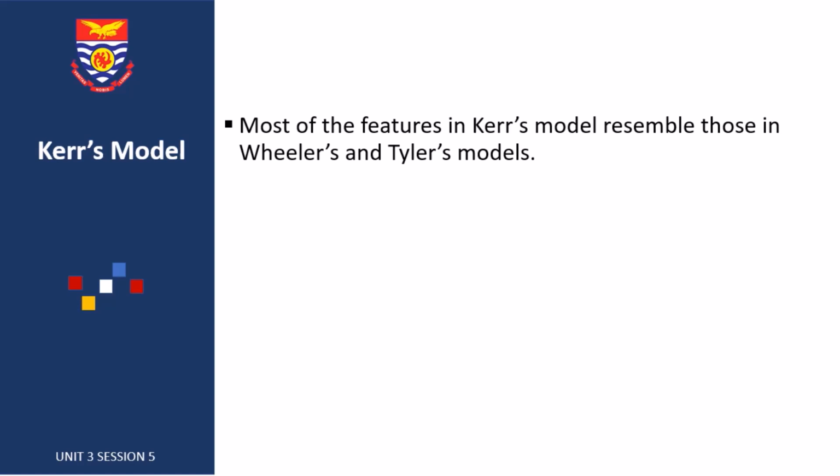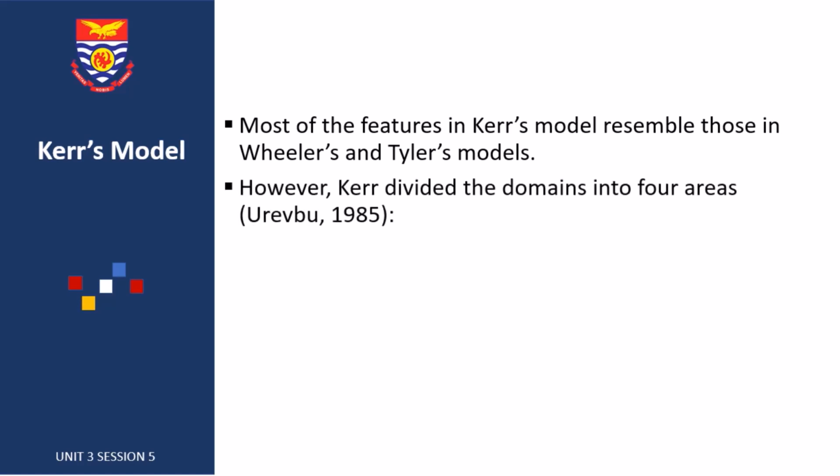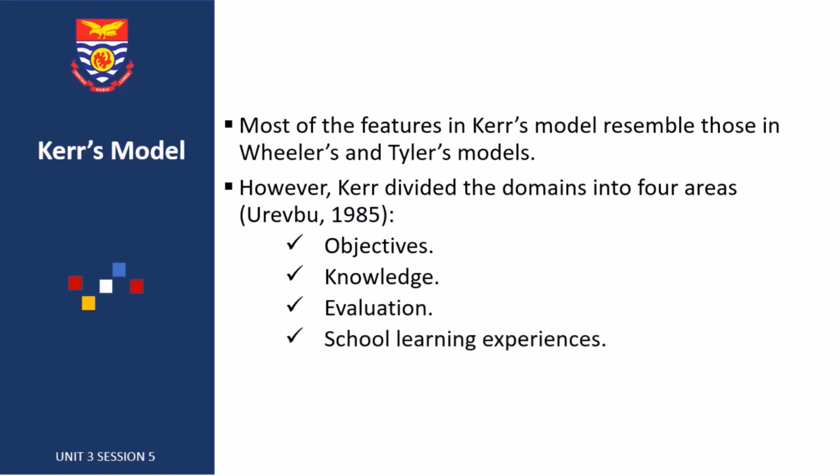Tyler's model was linear, whereas Wheeler's model was cyclic. However, Kerr divided the domains into 4 areas: the objectives, the knowledge, evaluation, and school learning experiences. So these are the 4 phases of Kerr's model of curriculum planning.